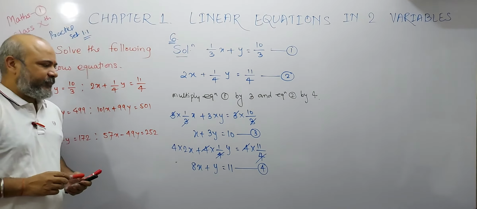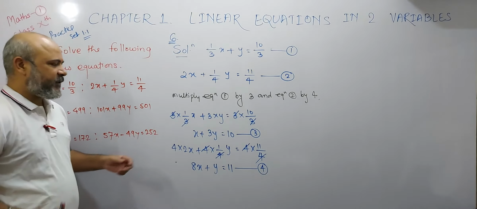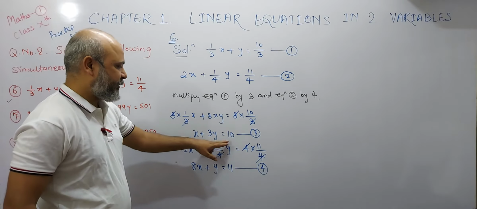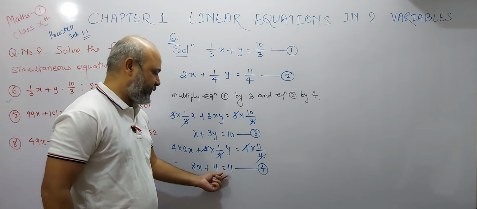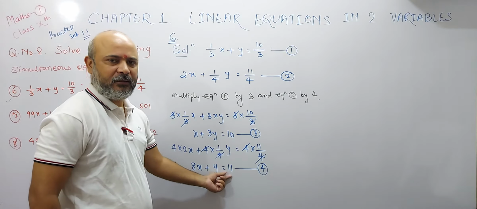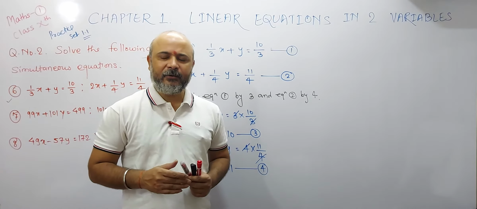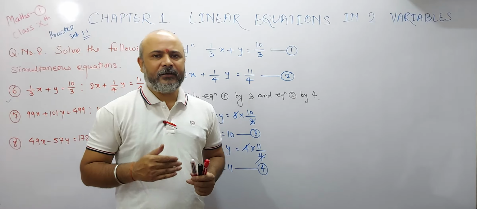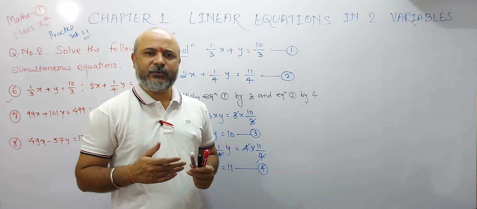Now we will solve equation number 3 and equation number 4. Equation number 3 is x plus 3y is equal to 10, and equation number 4 is 8x plus y is equal to 11. Now student, you will decide which variable you want to cancel out, and then you will make their coefficient equal. If they have the same sign, you subtract.